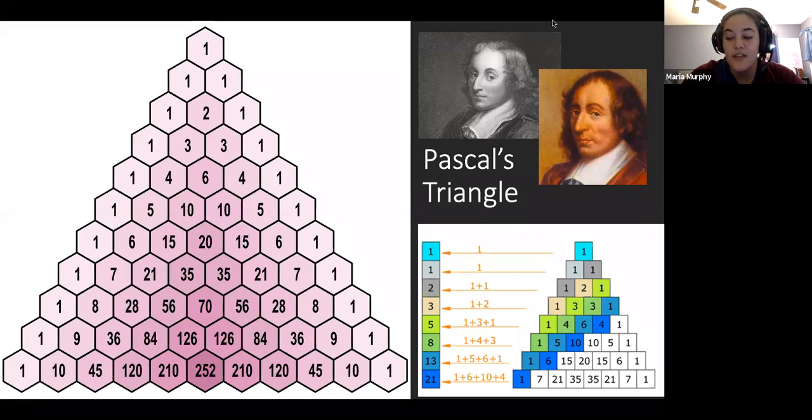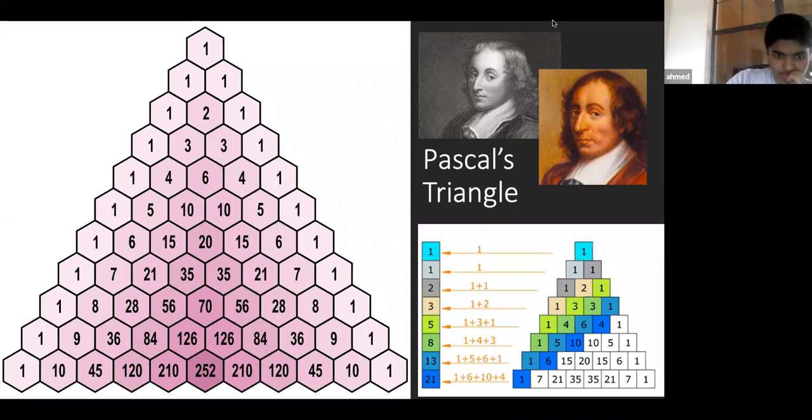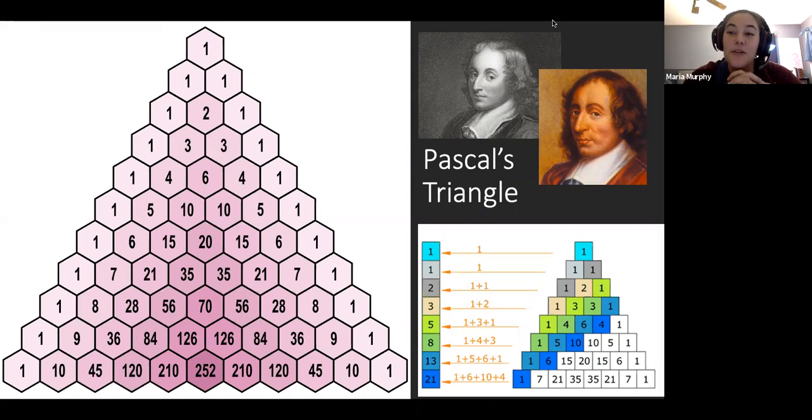There's a Persian mathematician, I think it's Al-Karaji, who worked on this triangle in 953. He also wrote the first descriptive book about the triangle, but unfortunately the book got lost, so we don't have any access to what that book was like.